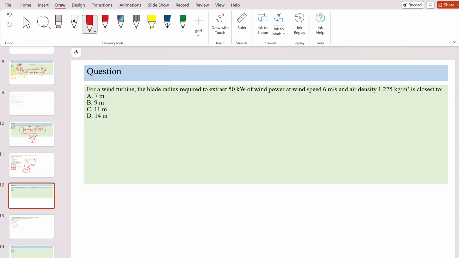Okay, option C I got. Let's wait for others also to solve.